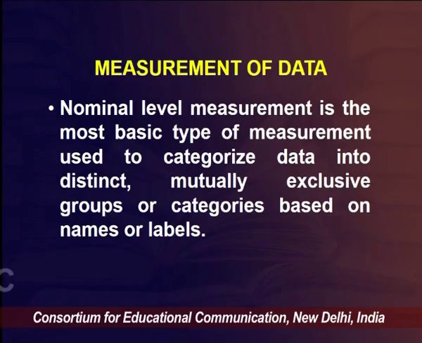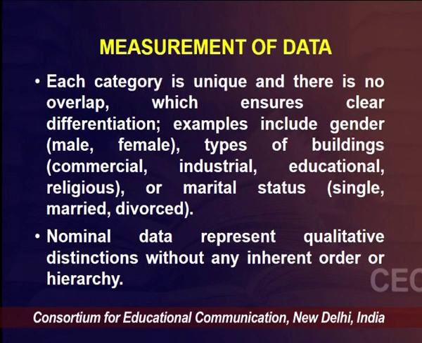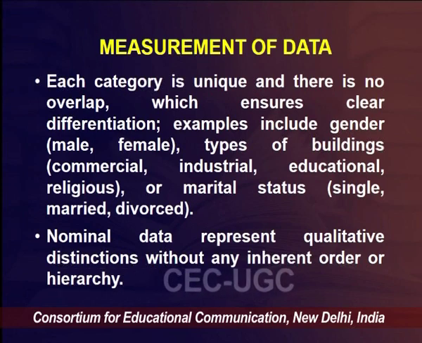And here we discuss various levels of measurement. The first is the nominal level of measurement, the most basic type of measurement, used to categorize data into distinct, mutually exclusive groups or categories based on names or labels. Each category is unique and there is no overlap, which ensures clear differentiation.